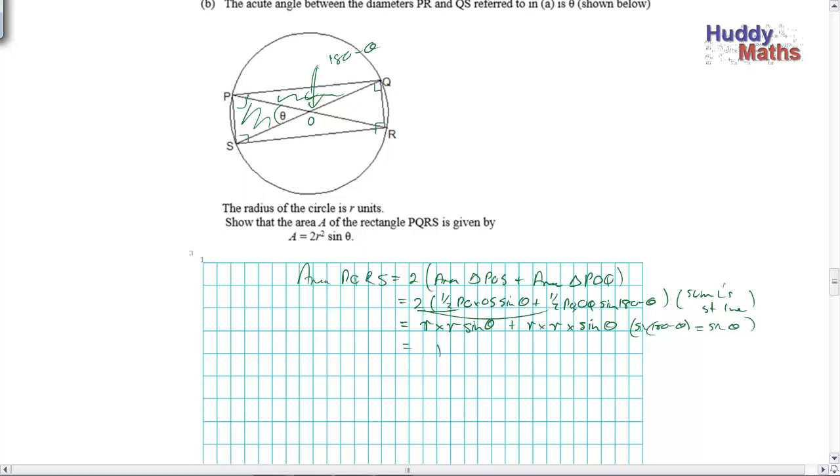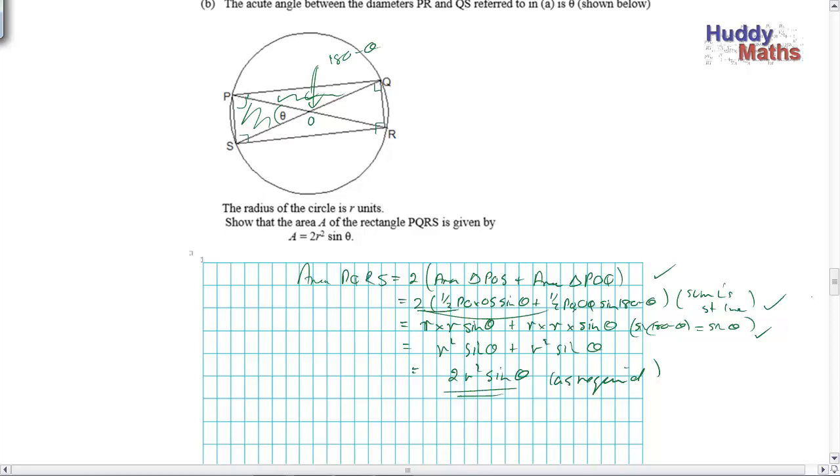So this is r squared sine theta plus r squared sine theta, which is 2r squared sine theta, 2 of them. And that's as required. So let's mark that as well. I reckon probably 1 for showing what you're doing, 1 for correctly doing that, and 1 for tidying up with the radii.